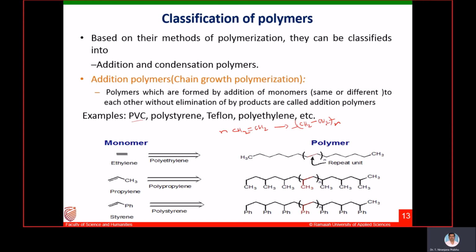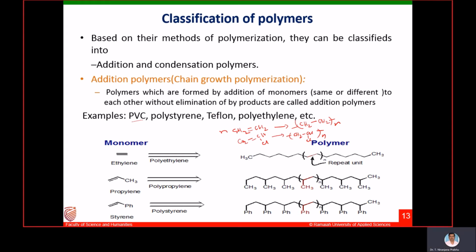This is polyethylene. So instead of one H, if you have Cl, it becomes polyvinyl chloride. This is vinyl chloride, CH2=CHCl, and polyvinyl chloride is CH2-CHCl.